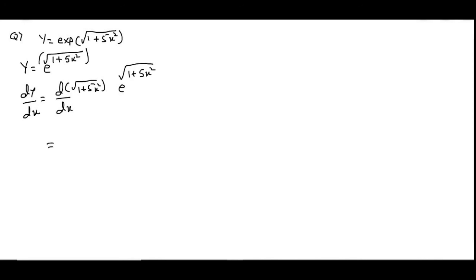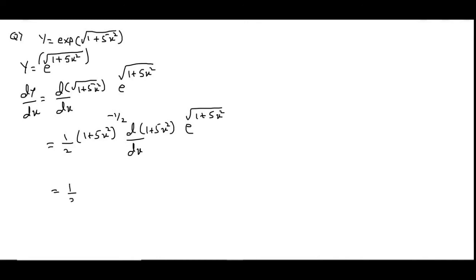Now taking the differential, we have 1 over 2 into 1 plus 5x square raised to minus 1 by 2, and then the derivative of the function d by dx of 1 plus 5x square, e raised to power under root 1 plus 5x square.